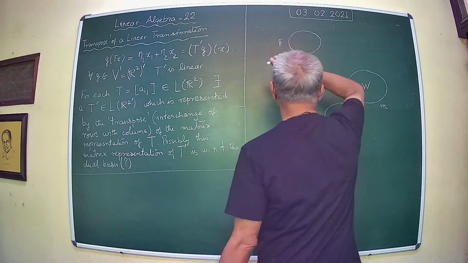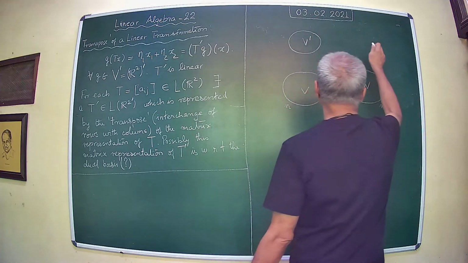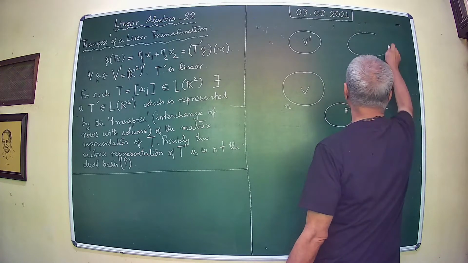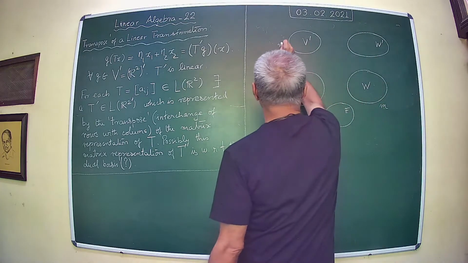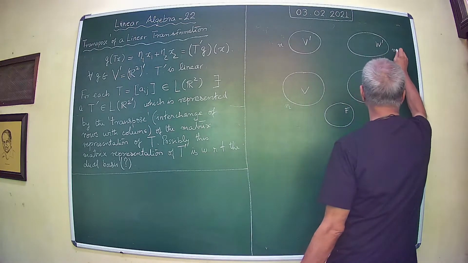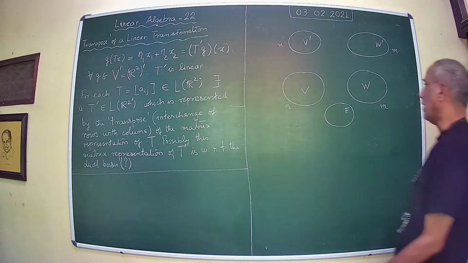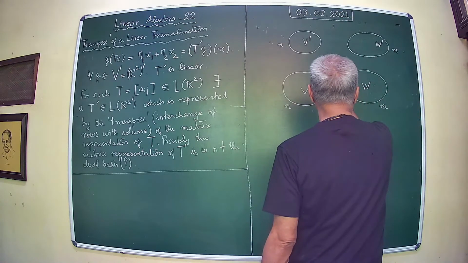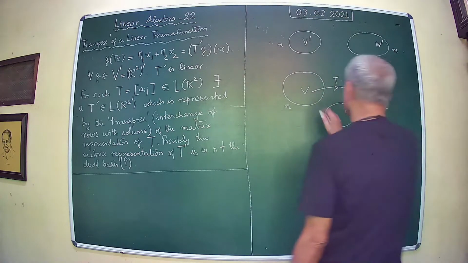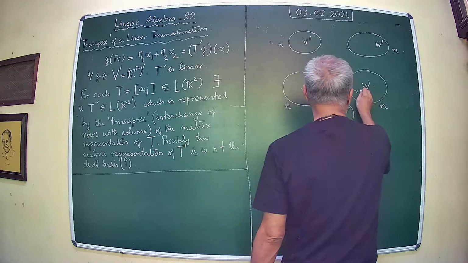I have V prime, and here W prime. This is also n dimensional, this is also. What I have is this T belongs to L(V, W). So this maps V to W.